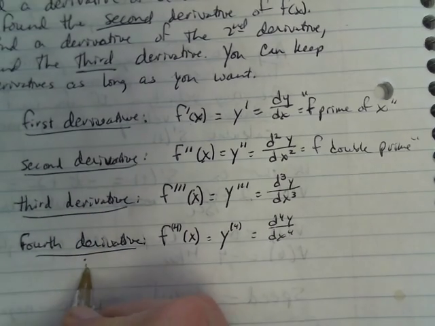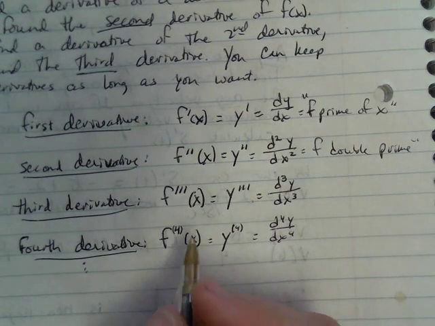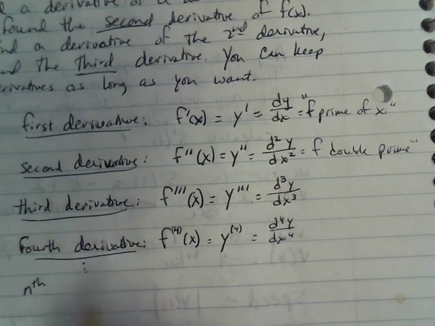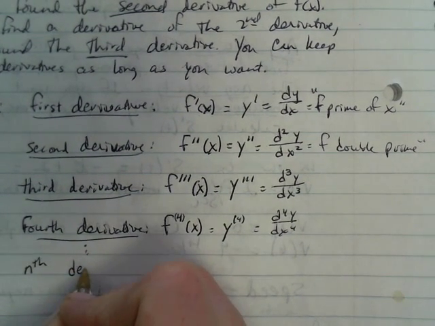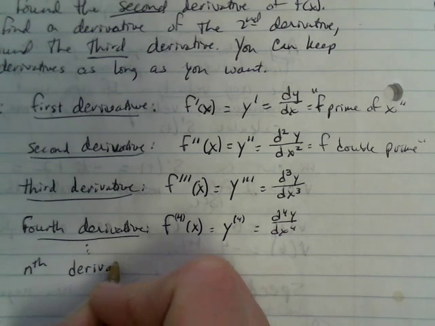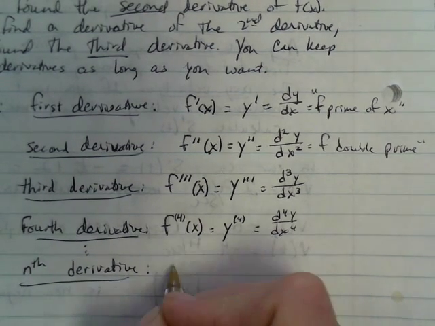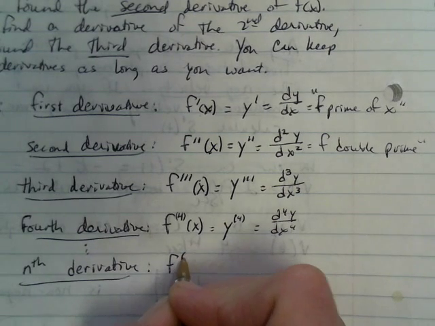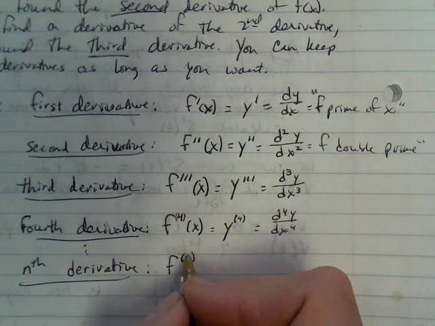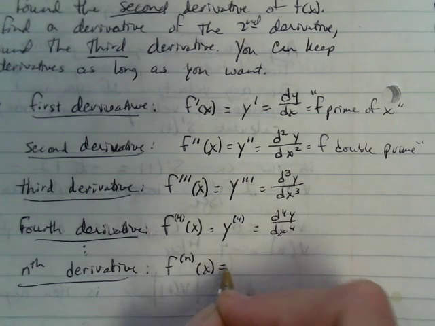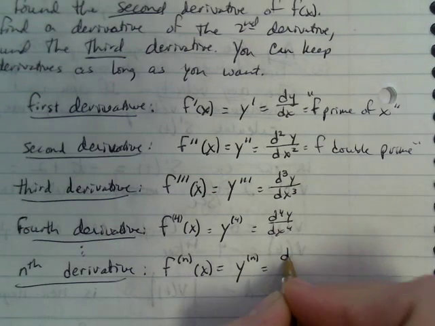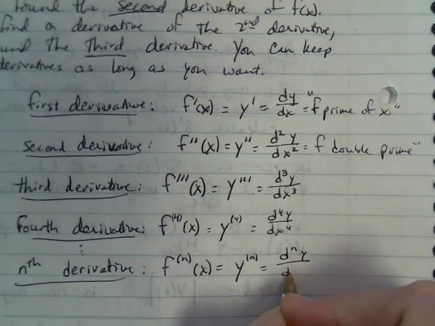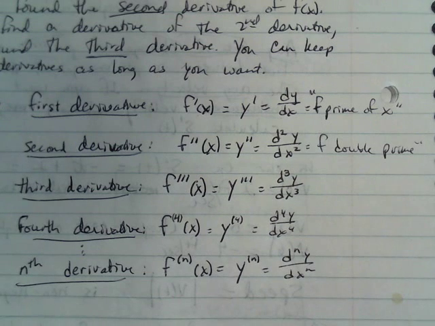And then you can continue and take the 5th, 6th, 7th derivative, but in the end, if you want to find the nth derivative, the notation is f, and then you put the little n in parentheses like you did with the 4, and that's y parentheses n, which is d n of y over dx n. So that's just some notation.